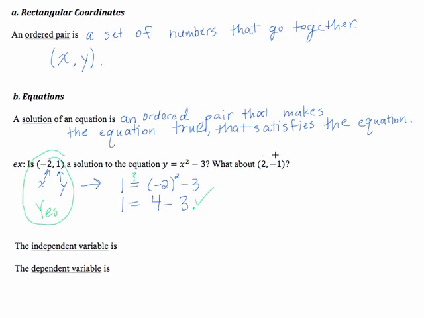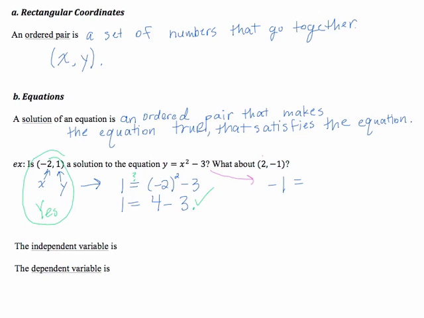What about (2, -1)? So let's try that one. If I plug that into the equation, y = x² - 3. Oops, no, I wrote that backwards. y is -1.